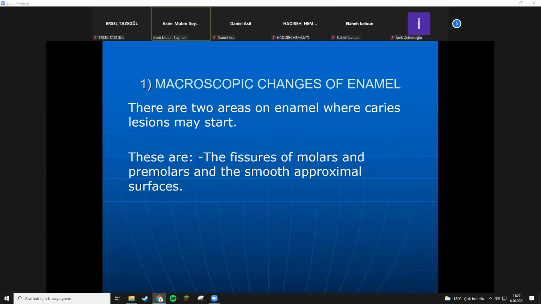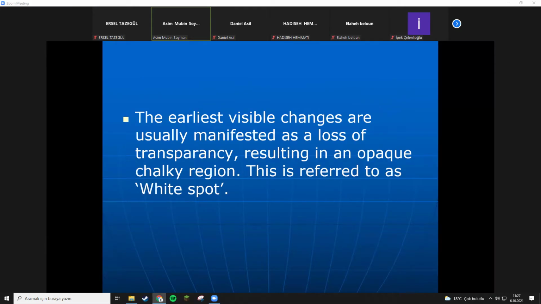The earliest visible changes are usually manifested as a loss of transparency, resulting in an opaque chalky region. This is referred to as white spots.